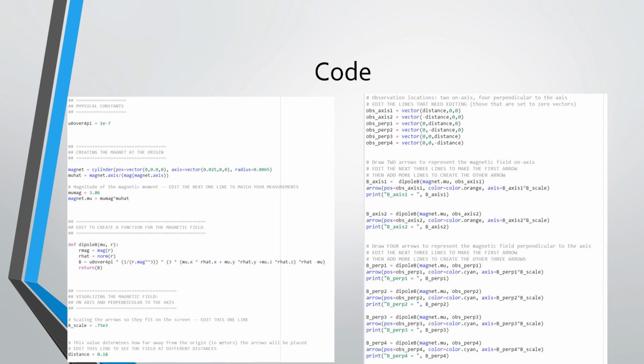Along the left side, we also have the scales and the distances, which allow our arrows to be seen more accurately in the code model. On the right side, we have a lot of arrows being made for all of the perpendicular fields. We have 4 arrows there and 4 arrows at the bottom. Those are all just creating the magnetic field arrows.